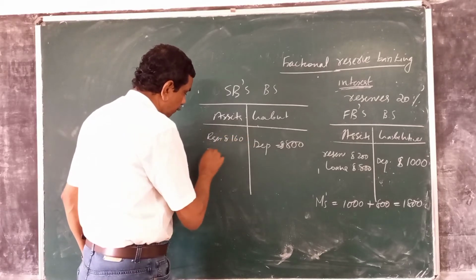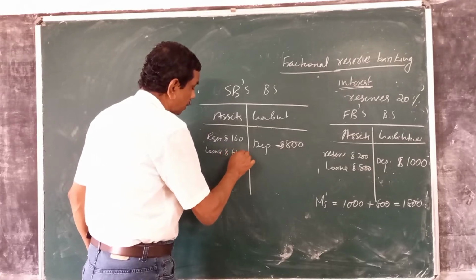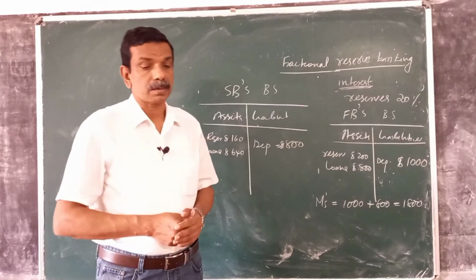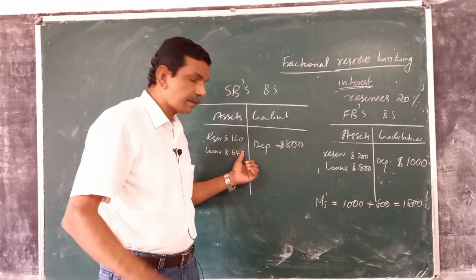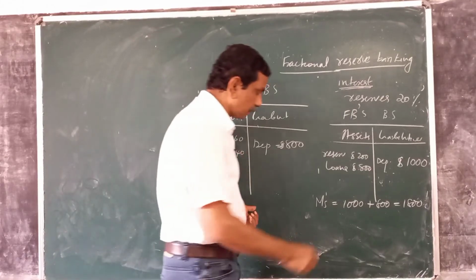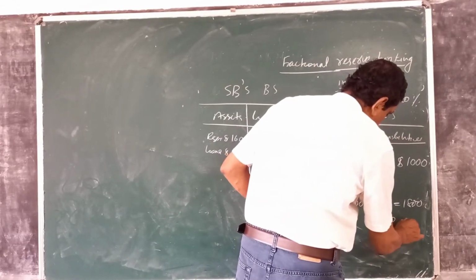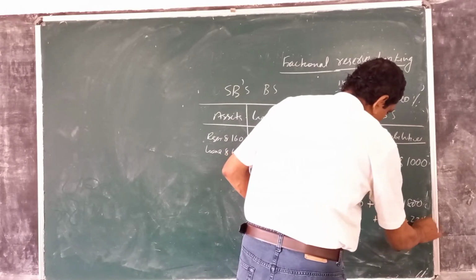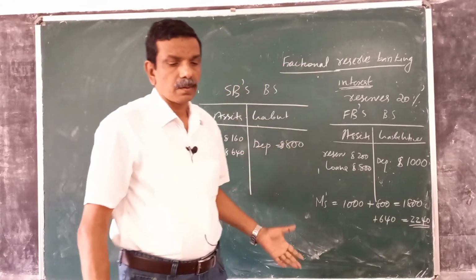The remaining 640 will be used as loans. Now the bank creates another 640 amount of money. Now money supply is equal to 1000 plus 800 plus 640 is equal to 2240.